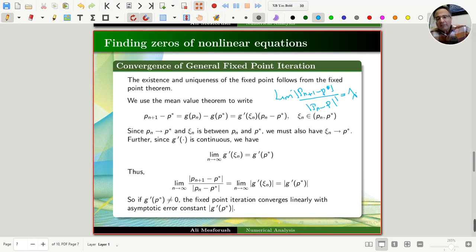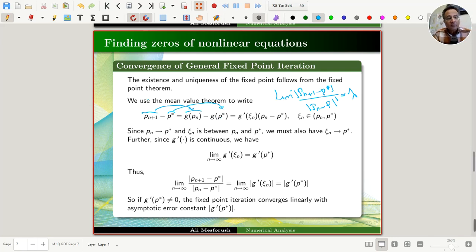We have to prove something like this. So, let's start with Pn plus 1 minus P star. We put G of Pn instead of Pn plus 1, and G of P star instead of P star, because we know that P star is equal to G of P star.